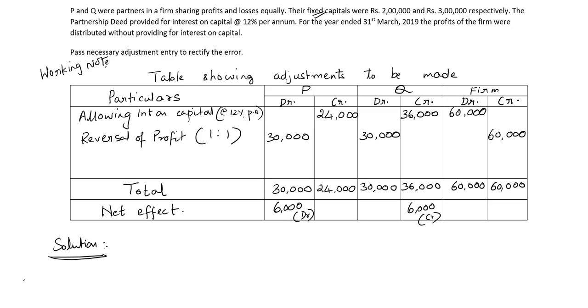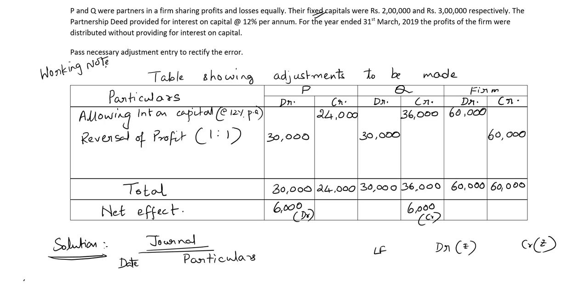So we'll draw a journal format. Date, particulars, LF, debit rupees and credit rupees.